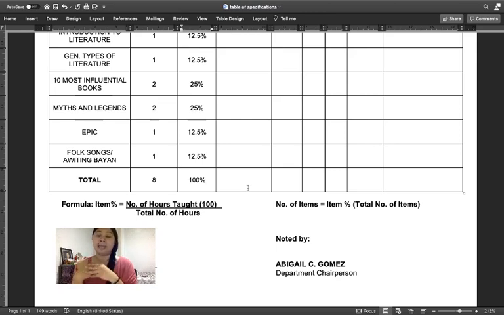And why does it happen like that? Because you did not do a table of specifications. So the tendency is that whatever the students read more might be the one wherein you have fewer questions, and whatever they read less would be the one that you have more questions.